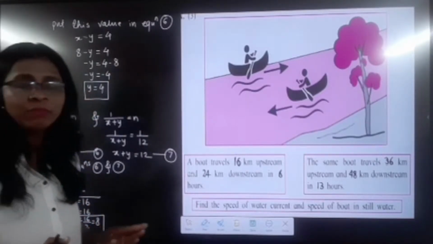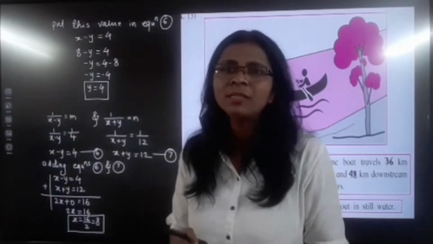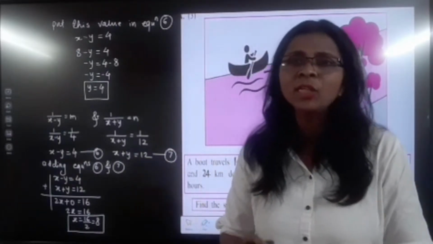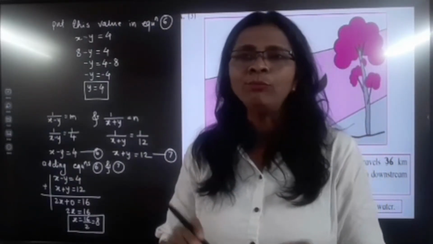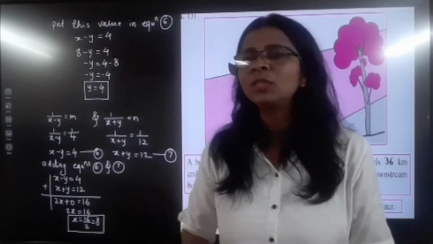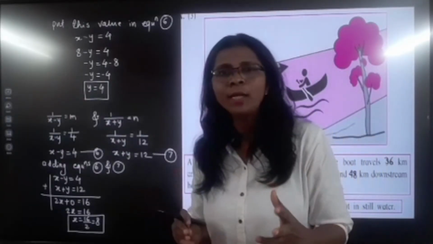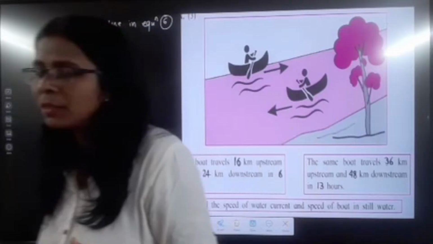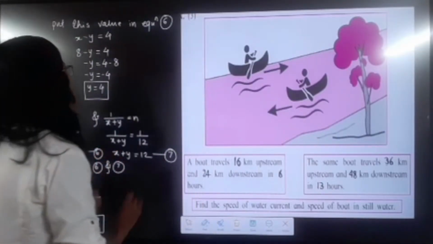Okay, because our equations are in x and y, and we have the final values of x and y. So here students, x means the speed of the boat in still water.